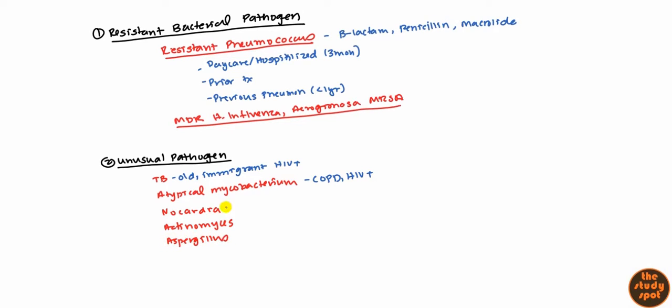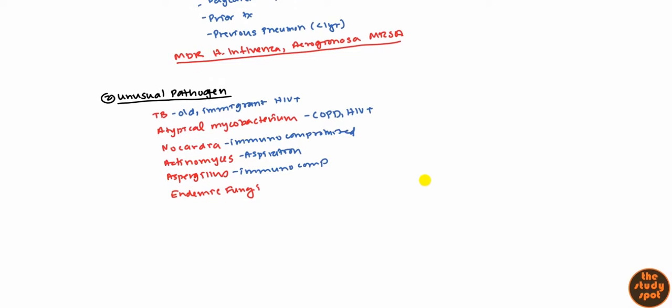Actinomyces israelii, aspergillus, and endemic fungi as well. Nocardia and aspergillus are most common in immunocompromised, whereas actinomyces is very common in aspiration. And then we have the endemic fungi, and these patients would be immunocompromised, plus they live in a certain area of the United States where they have certain types of fungus. And so you can have an unusual pathogen.